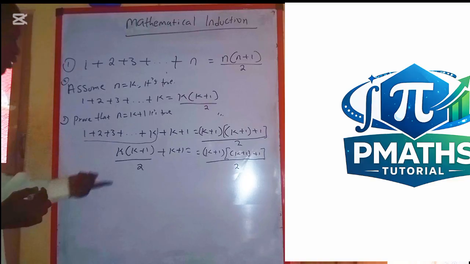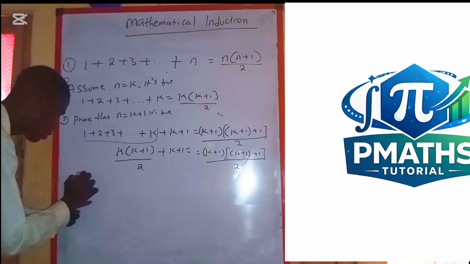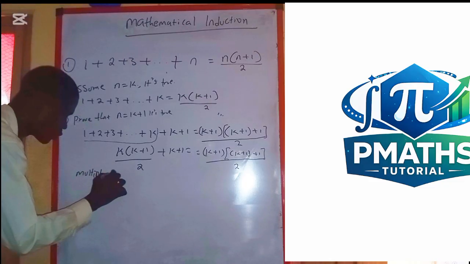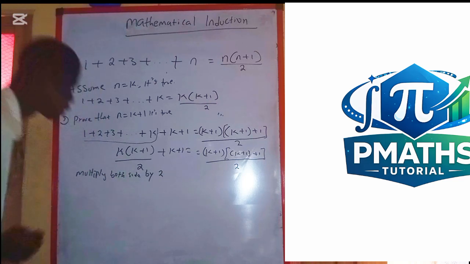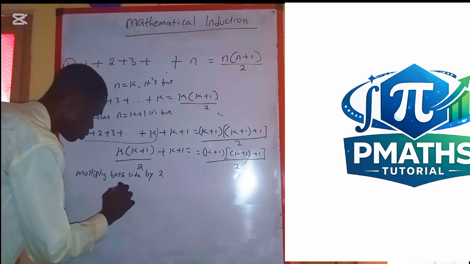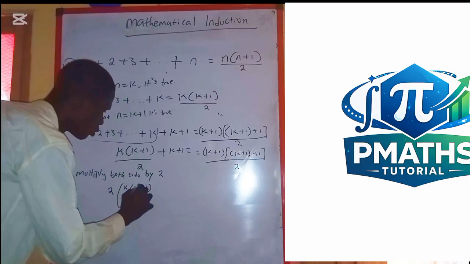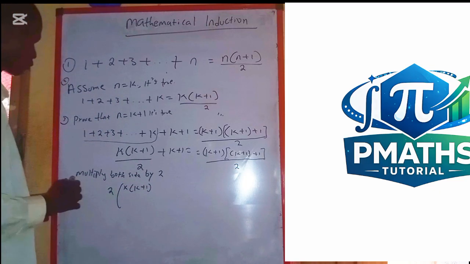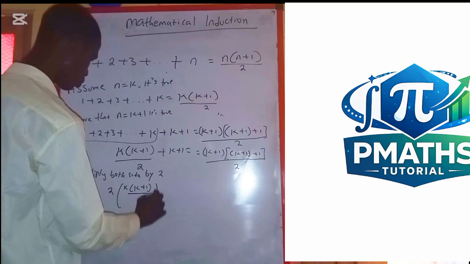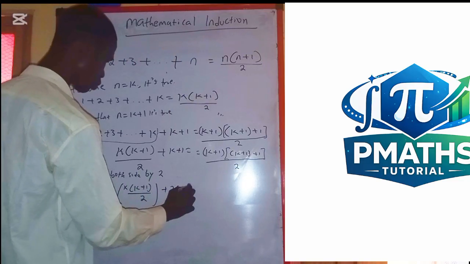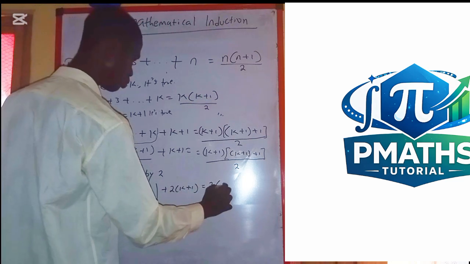If you simplify this, multiply both sides by 2, which is 2 k bracket k plus 1 over 2 plus 2 bracket k plus 1 equals 2 bracket k plus 1.